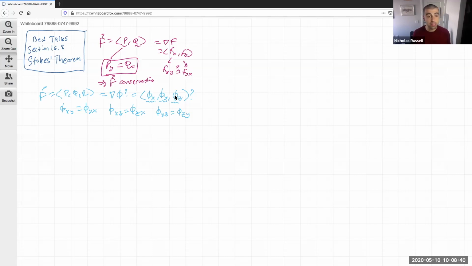If I assume that P is phi sub x, Q is phi sub y, and R is phi sub z, then to have a conservative vector field, I need to satisfy 3 things.